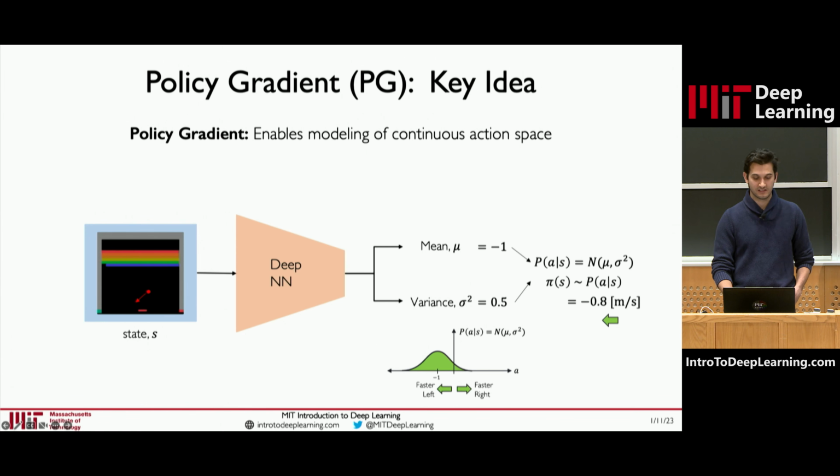And because this is a probability distribution, because of the format of policy networks, we're enforcing that this is a probability distribution. That means that the integral of these outputs, by definition of it being a Gaussian, must also integrate to 1.